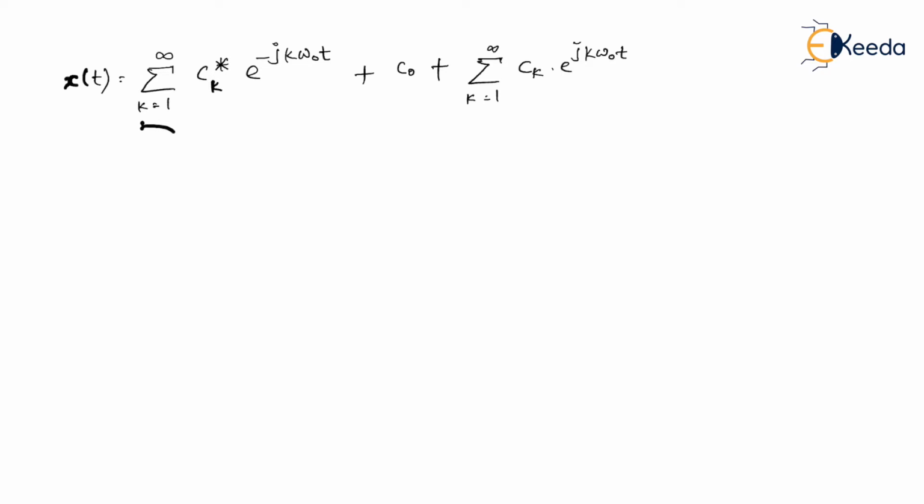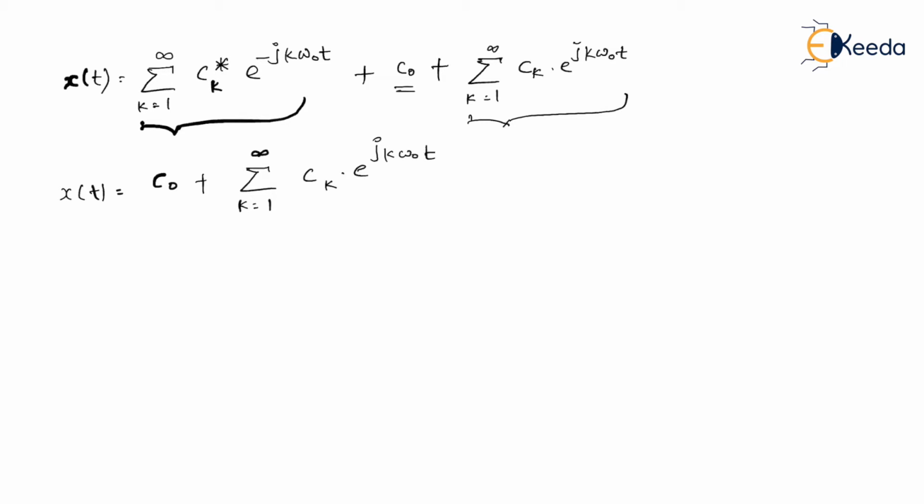Now I can combine this summation operator with this. I can write x of t equal to c naught plus summation k equal to 1 to infinity, ck e to the power j k omega naught t, and this is the second one I'm going to specify, plus ck conjugate e to the power minus j k omega naught t.